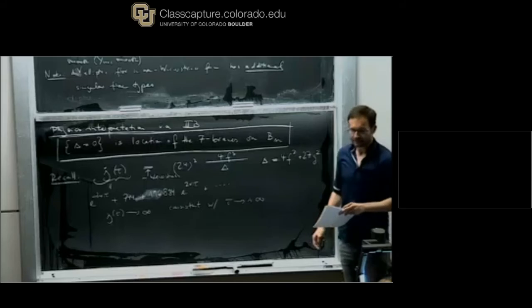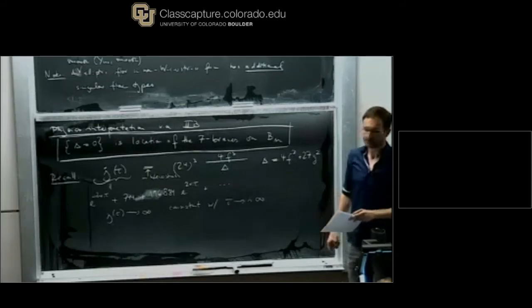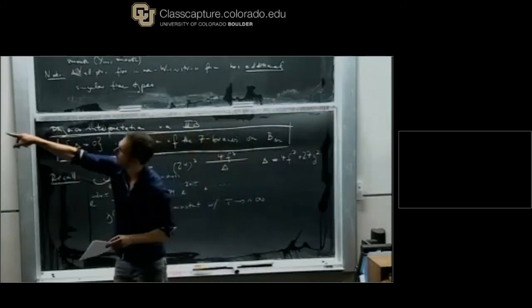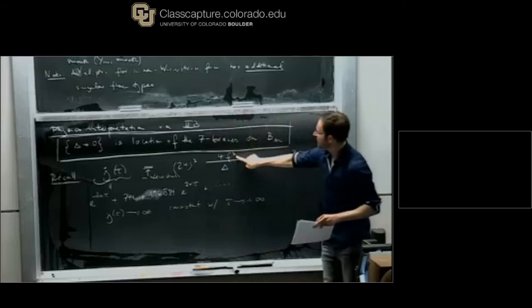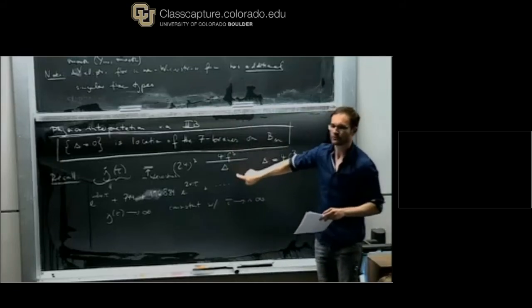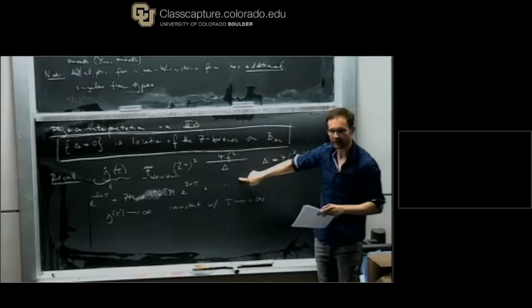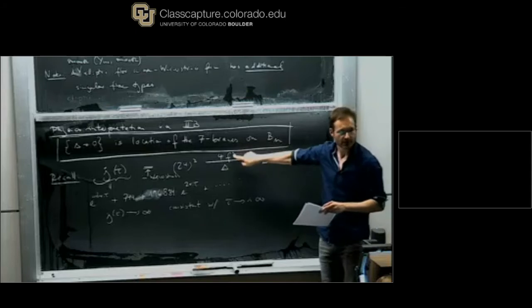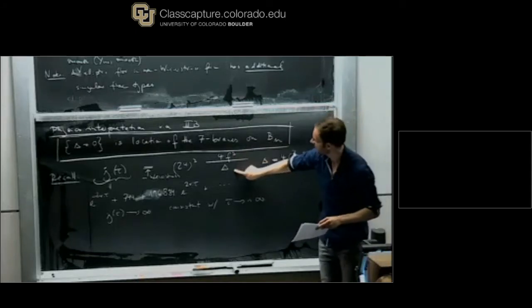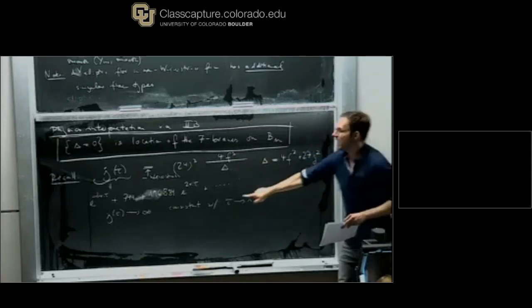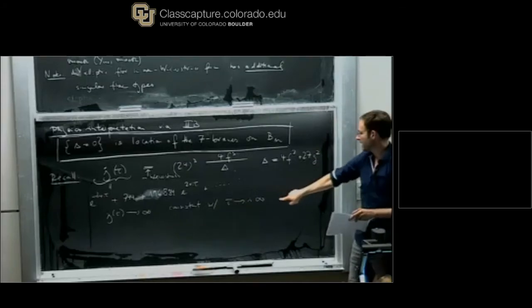And indeed, at an I1 locus, so this generic point, f is non-zero, delta goes to 0, so this goes to real infinity. So this is what happens at an I1 locus. j of tau goes to infinity, this is finite over 0. So j of tau going to infinity is consistent with tau going to i infinity.